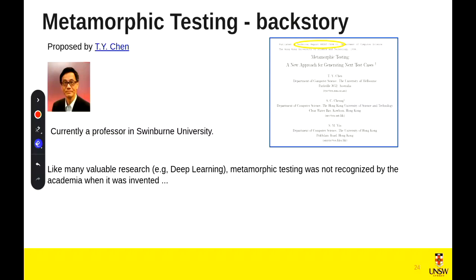Academia didn't accept it and thought it was nonsense. You may notice that there's a blue edge on this screenshot. You can click on it and access the original paper, the PDF.